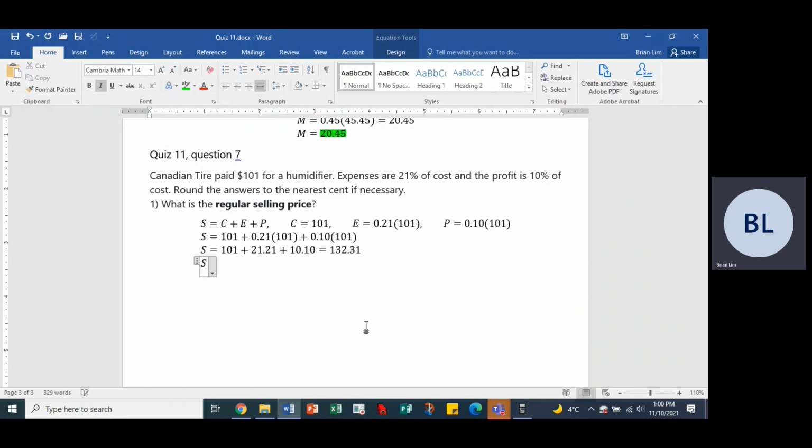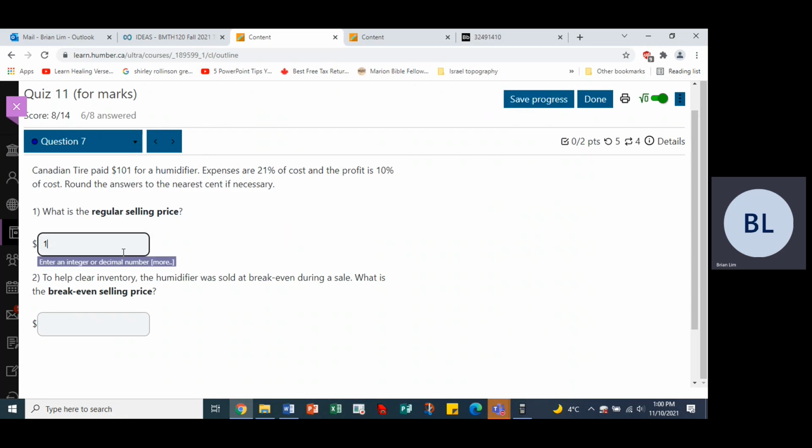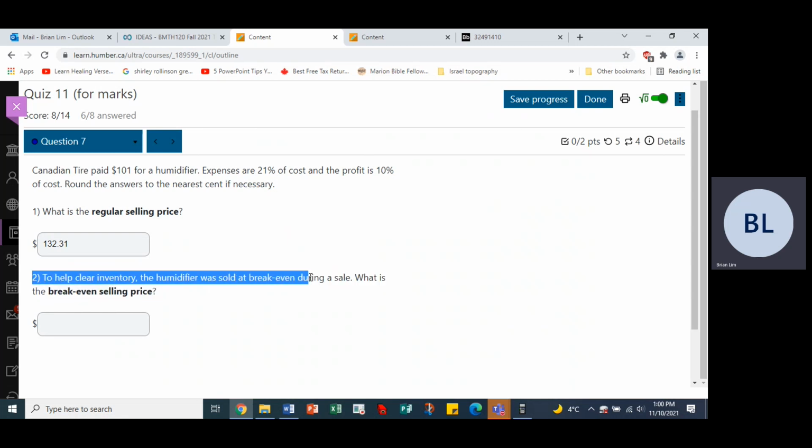So that is the selling price, 132.31. Okay, so let's highlight that in green, 132.31. We go back here and we put the answer in, 132.31.